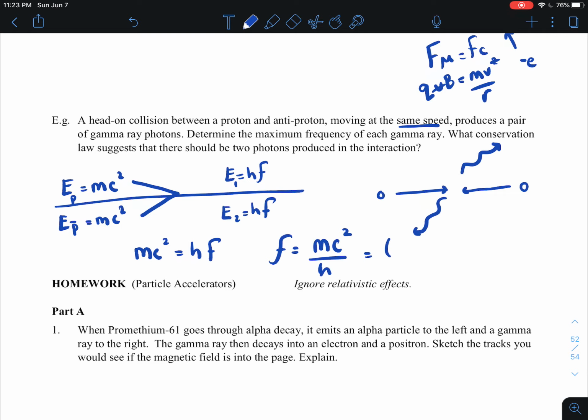we're going to say it's 1.67 times 10 to the negative 27 kilograms. Speed of light, 3 times 10 to the 8 meters per second, all that squared.